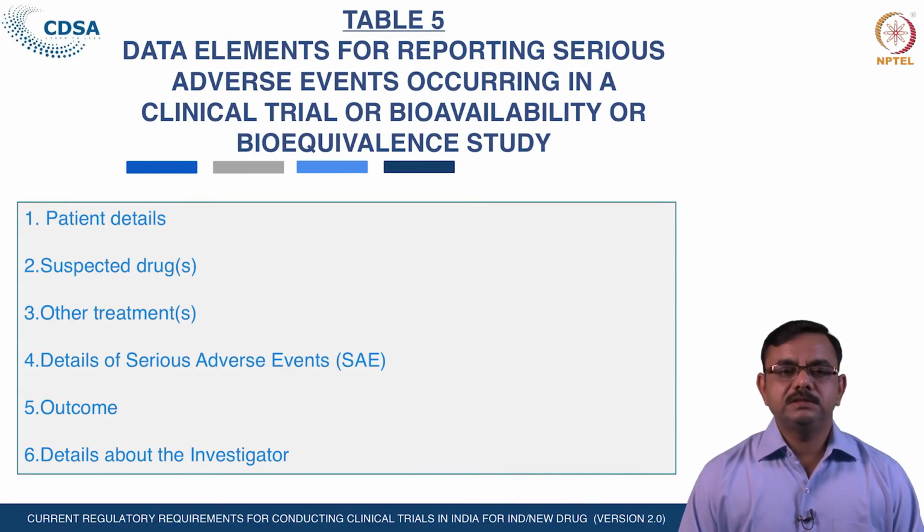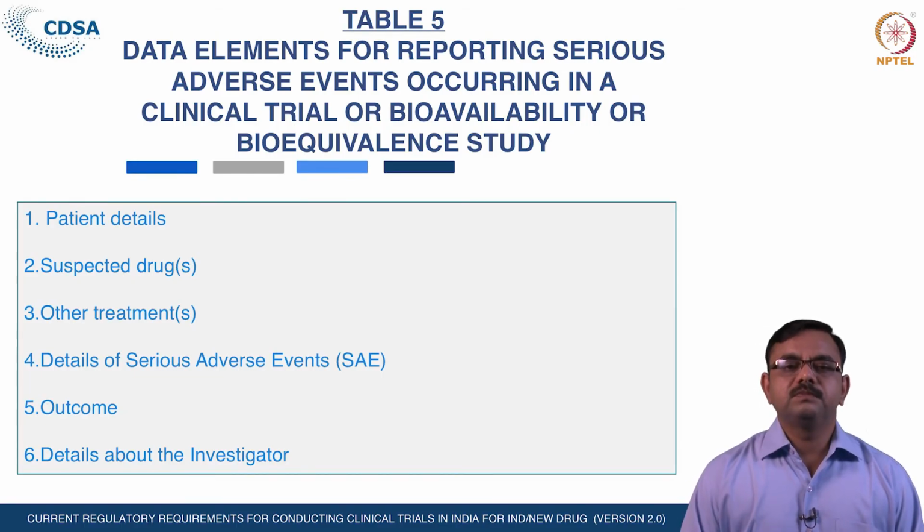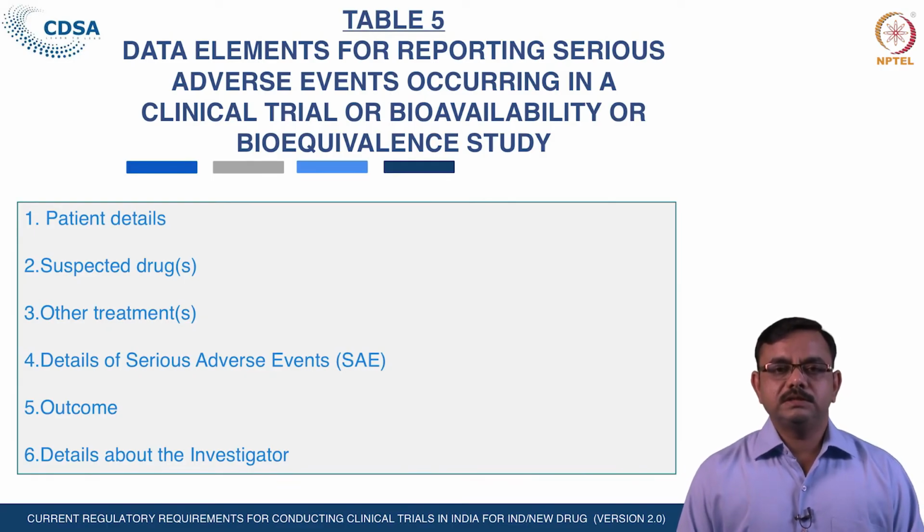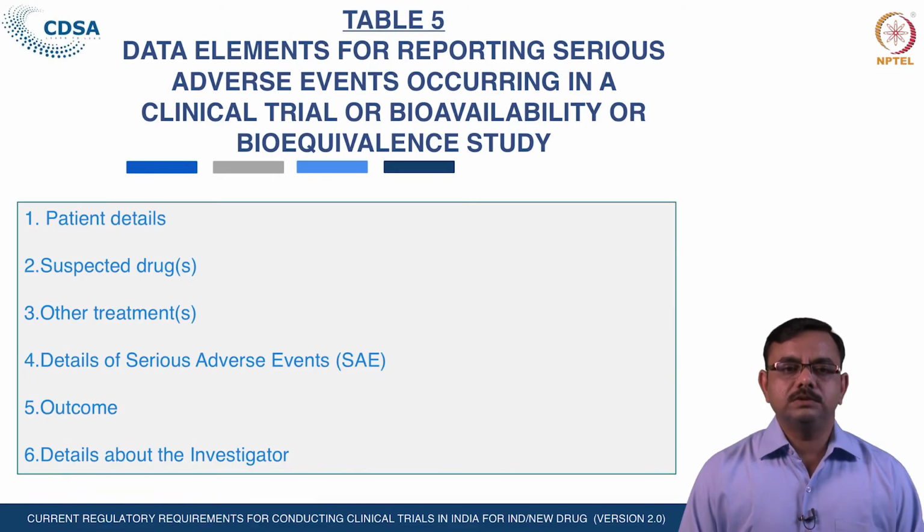The patient details, including the initials and other relevant identifiers, have to be given, like hospital or outpatient (OPD) patient, and then gender, age, and height are required. Then the suspected drug: the generic name, dosage form, indication, and route of administration of the drug that adversely affected the patient, with its details, has to be given.